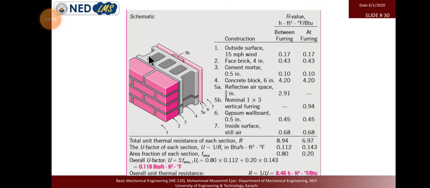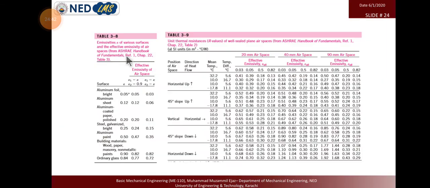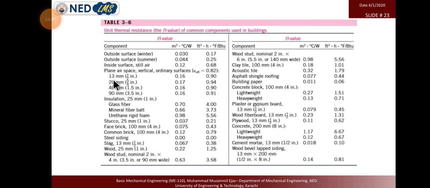In foreign countries they use these hollow blocks with very high resistance to get efficient operation of buildings. The air space between them is also a good insulation, because you know the H value of air and gases is very low, so the heat conduction and convection heat transfer is very low.